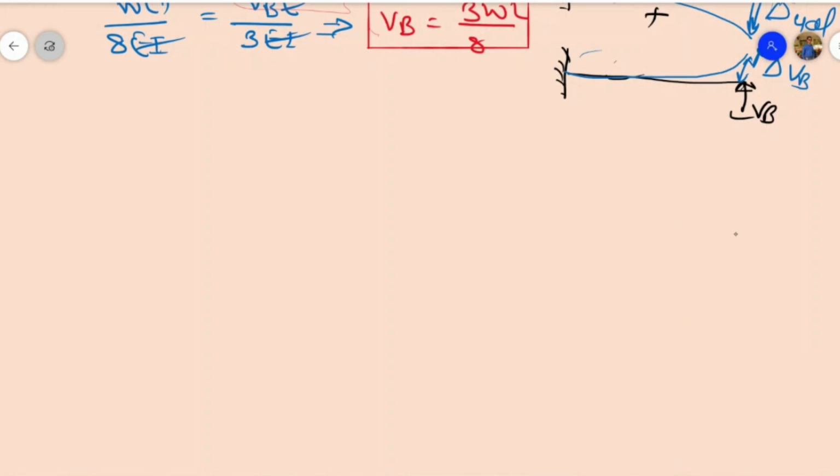Once we are able to calculate this VB, we will be able to calculate the rest of the reactions. Suppose my beam was something like this.